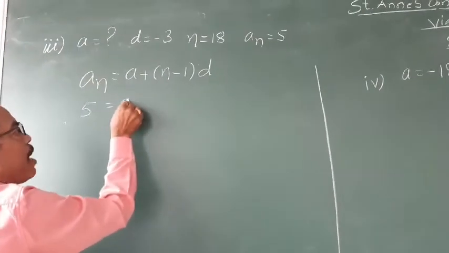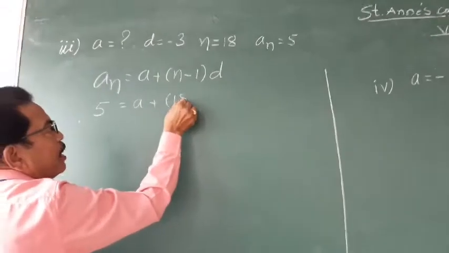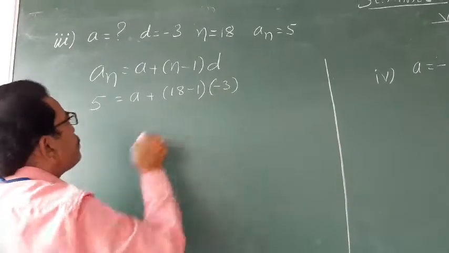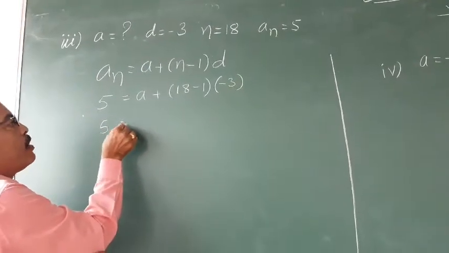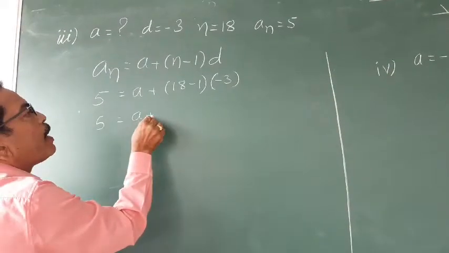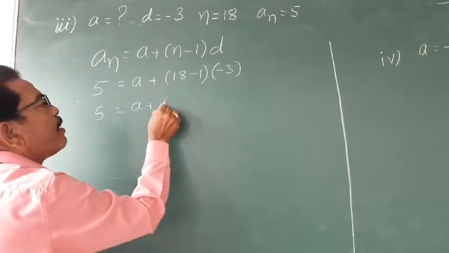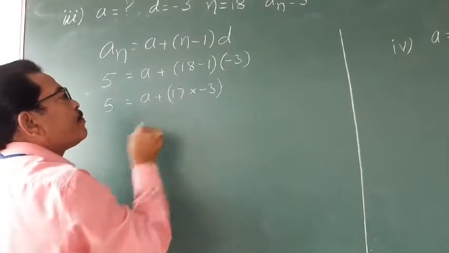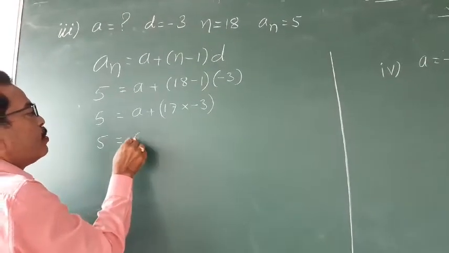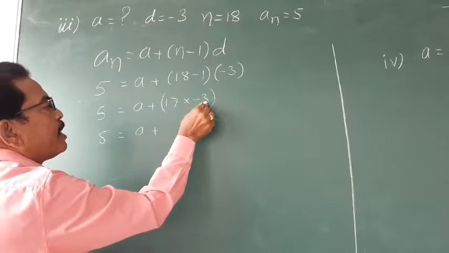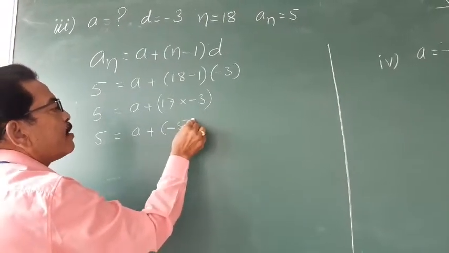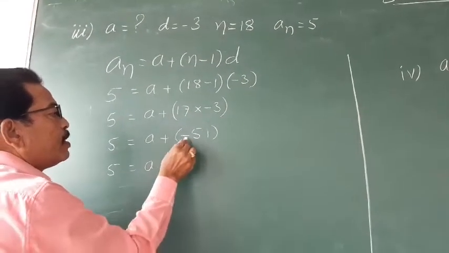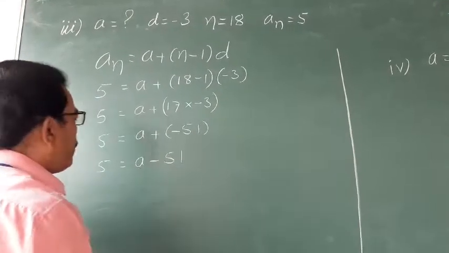That is a question mark plus (n minus 1), 18 minus 1, and d is minus 3. So 5 equals a plus (18 minus 1), that is 17, into minus 3. 5 equals a plus 17 threes, that is minus 51. 5 equals a plus minus 51.